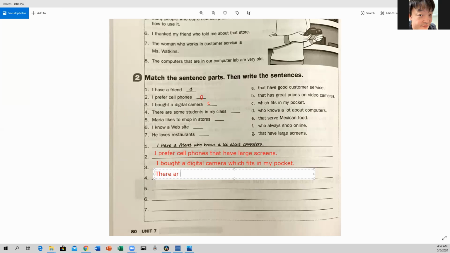There are some students in my class who, because I'm talking about people, students, about computers, okay?